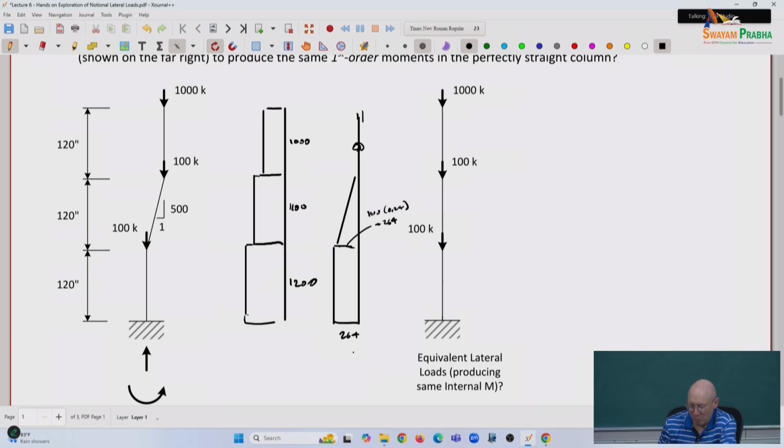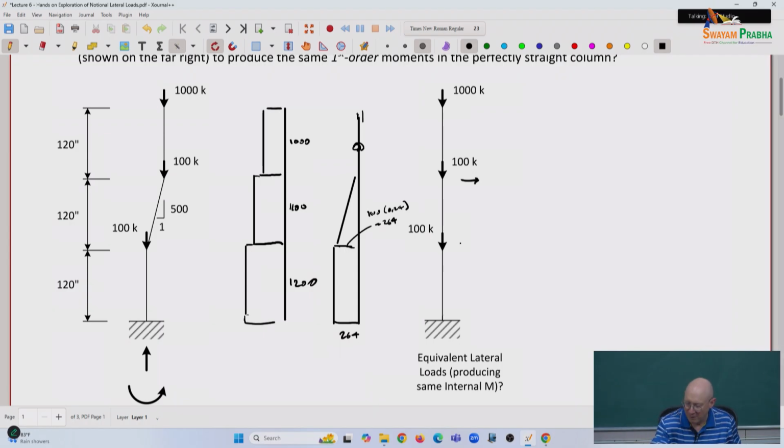So, what are the equivalent lateral loads I should put on this frame if I just wanted to analyze the frame without actually modeling that out of plumbness? The hint there: let's call them P delta shears instead of notional loads. Do I have any P delta shear in the top story? No, there's no out of plumbness. None in the bottom story. So it's just the middle story. I need a P delta shear.